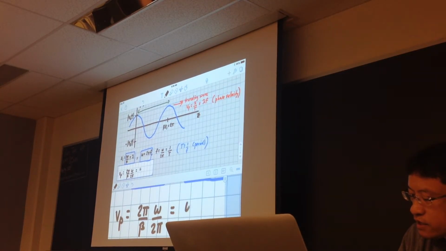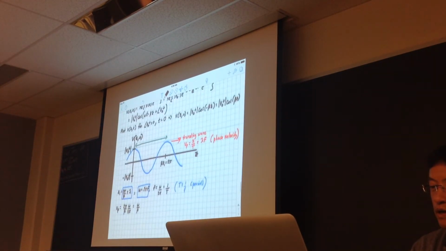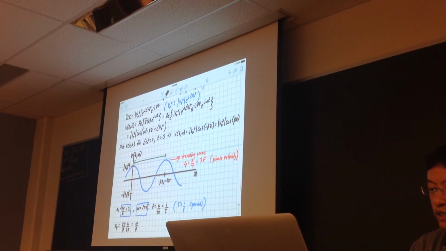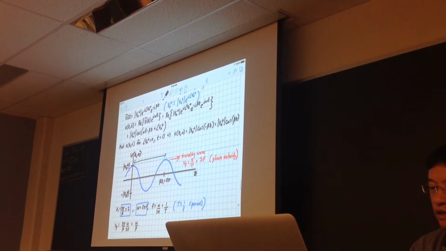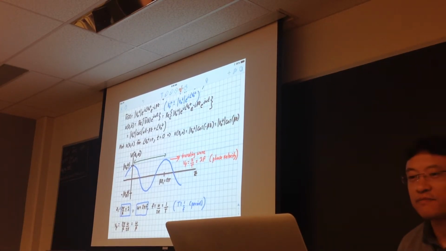So the phase velocity is also omega divided by beta. So in your expression for the voltage in the time domain, parameter omega and parameter beta, the ratio of omega to beta gives you the speed of the wave, phase velocity.